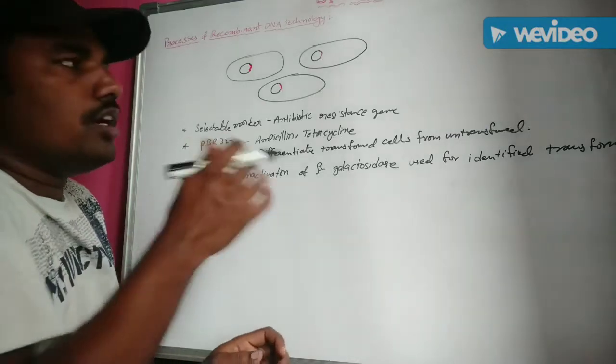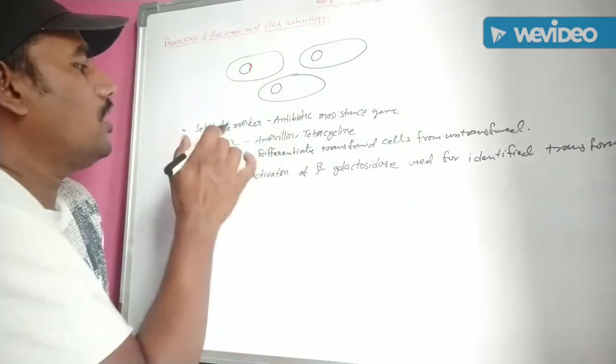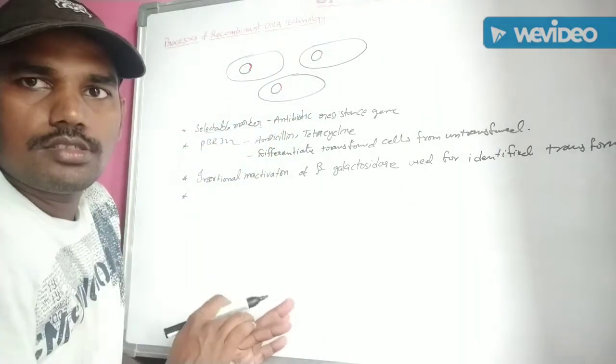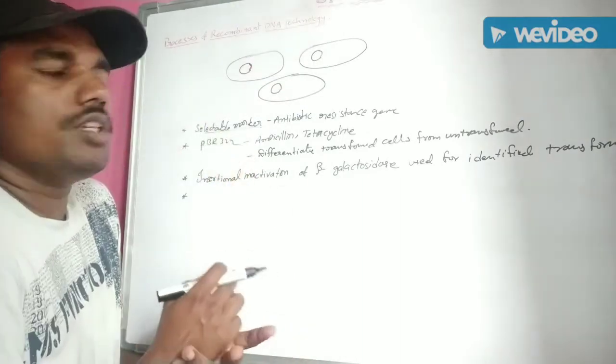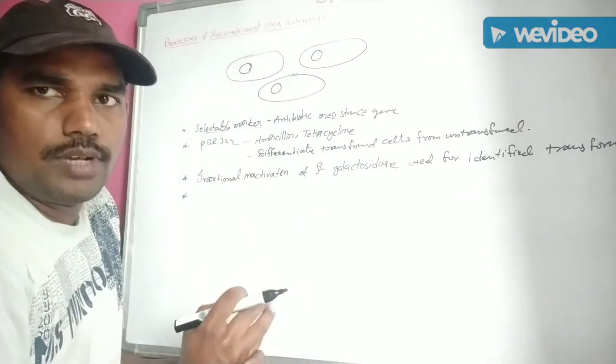First of all, we select transformed cells with the help of selectable markers. Suppose pBR322, an artificially synthesized plasmid.